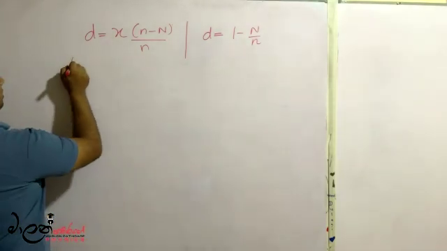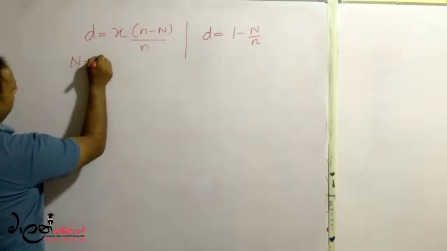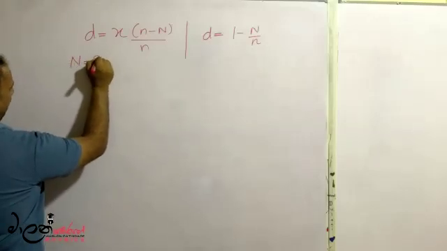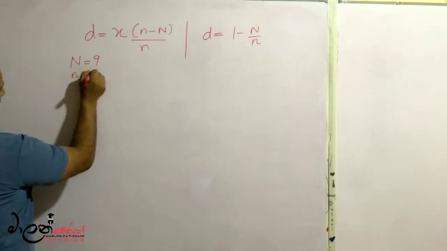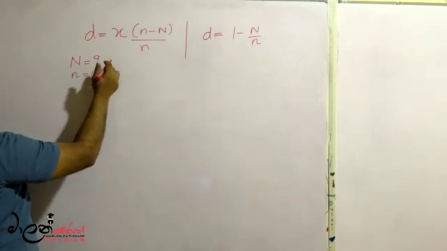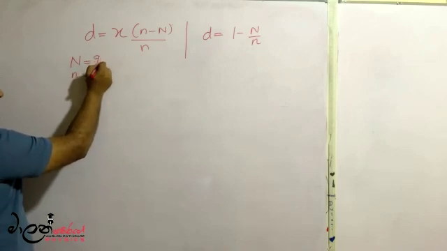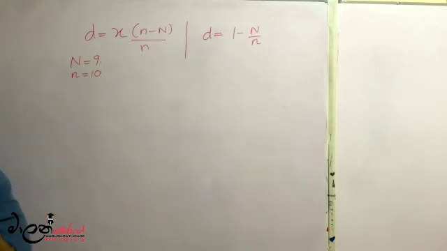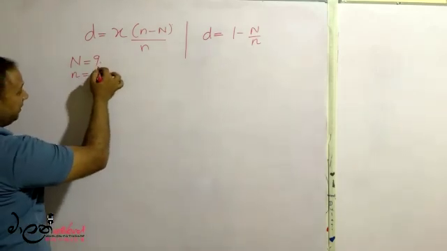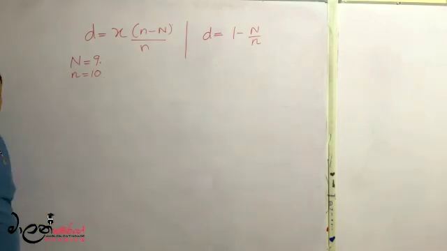Okay. Therefore, capital N is equal to 9, simple n is equal to 10. There are 9 divisions in the main scale. Those 9 divisions are divided into 10 divisions in the Vernier scale.